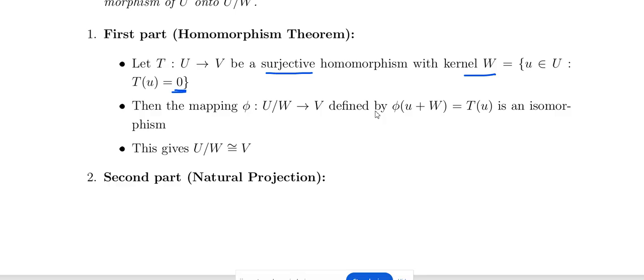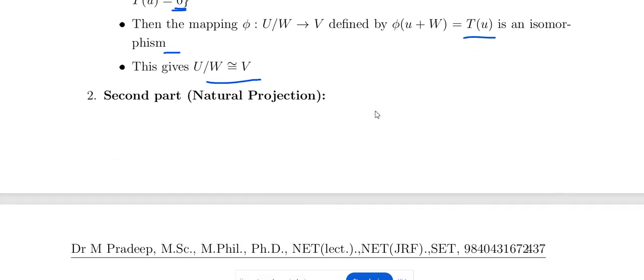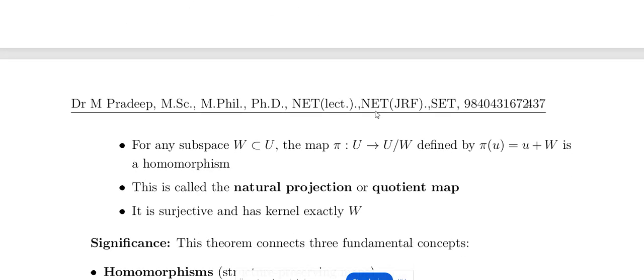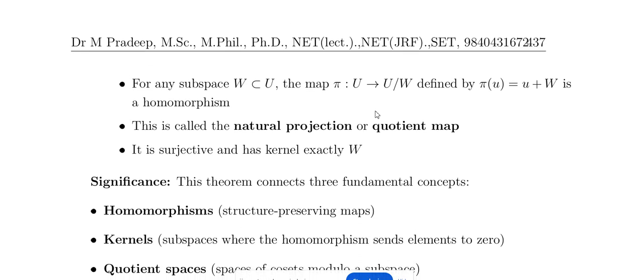In the same way, when you define the mapping pi from U by W to V, pi of U plus W equal to T of U is an isomorphism, and U by W is isomorphic to V. And the projection, where W is a subset of U, pi from U to U by W is defined as pi of U equal to U plus W, the quotient space.